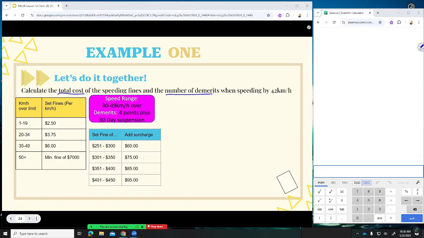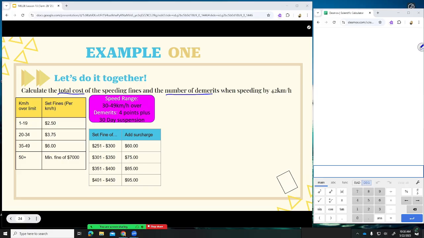Are we speeding in a construction zone, school zone, safety community zone, or just on a normal road? This one does not tell us, so we can assume that we are maybe speeding on the highway. Maybe we're on Highway 17 and we go to pass a truck on the road and we need to build up speed, so we're speeding by 42 kilometers per hour.